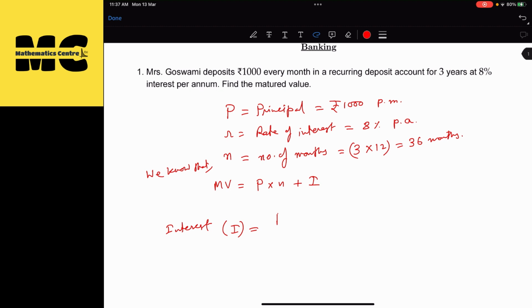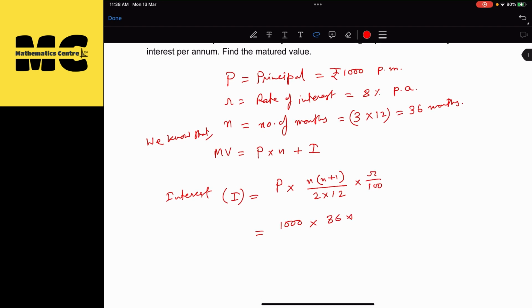Interest I equals P into N into N plus 1 by 2 into 12 into R by 100. Now just put the values. P is 1000 into, what is N? It is 36 into 37 divided by 2 into 12 into, what is R? R is 8%, 8 by 100.